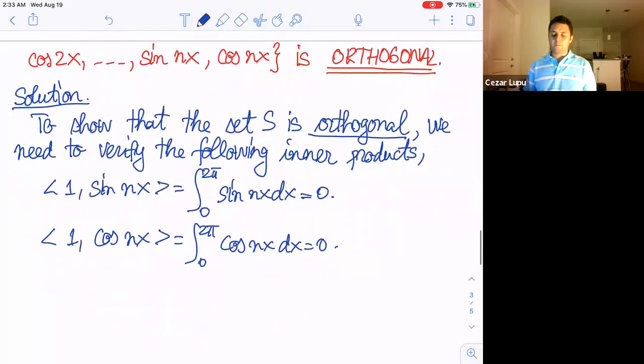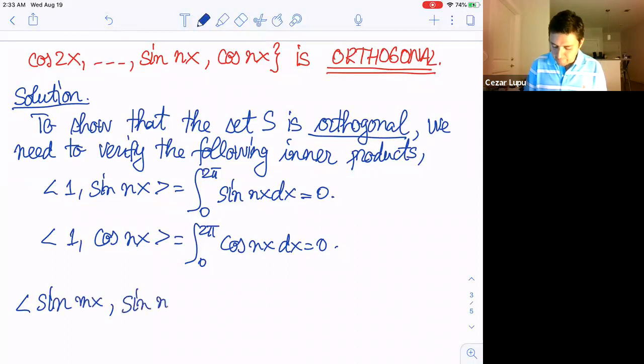And now let's look at the inner product between sine of mx and cosine of nx.